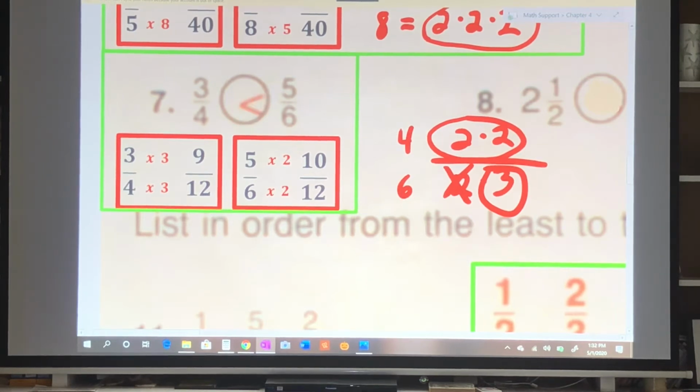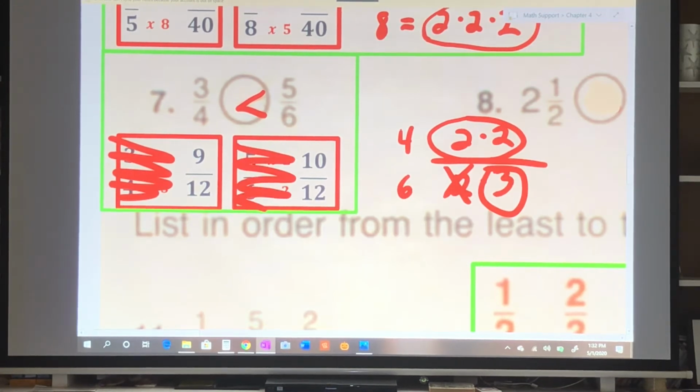Therefore, 3 over 4 is less than 5 over 6. Because 3 over 4 is 9 over 12. 5 over 6 is 10 over 12. Now you're looking at 9 twelfths versus 10 twelfths. 3 over 4 is 0.75. 5 over 6 is like 0.83 with a bar, I think, off the top of my head. So it's less.